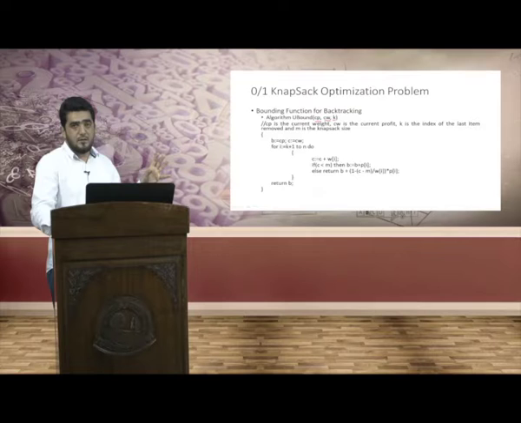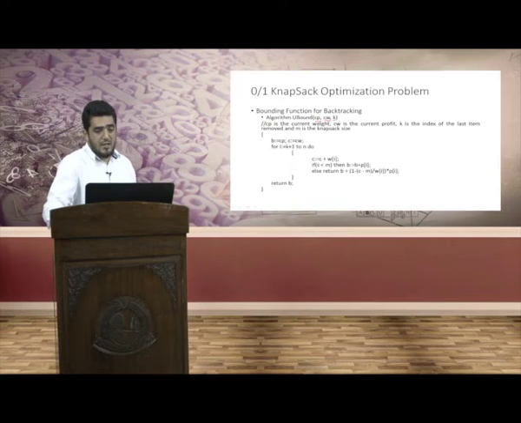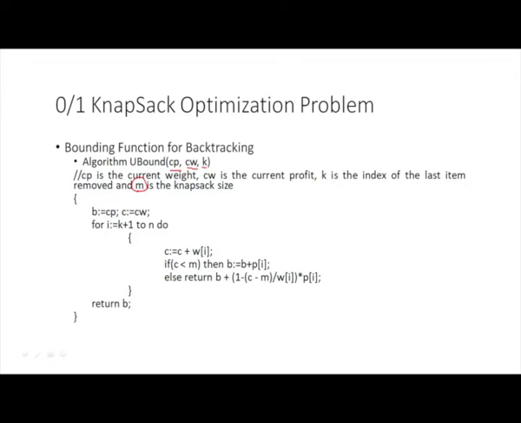We are also considering m to be a global variable, which is the size of the knapsack, and k is the index of the last item that has been considered. Considered basically means that we have decided whether the item needs to be added to the knapsack or not.